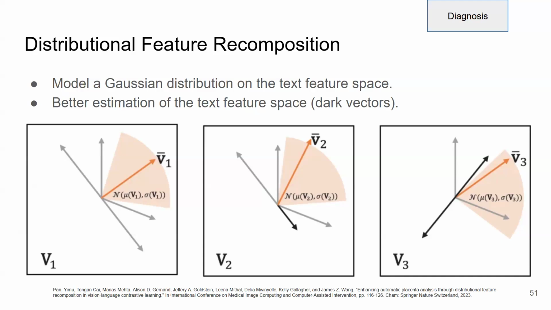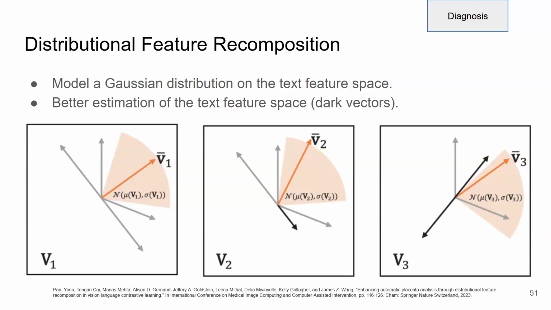If you look at the V1 on the far left, let's start with this space. You have a bunch of vectors, and each vector can represent one text feature. And if you just change one feature a little bit to V2, you make one feature shorter. If you look at the point estimate, which is the orange arrow, the arrow changes quite a lot, but the distribution doesn't change as much. If you look at V3, you actually have a large change of the feature vectors, as shown in the dark vectors.